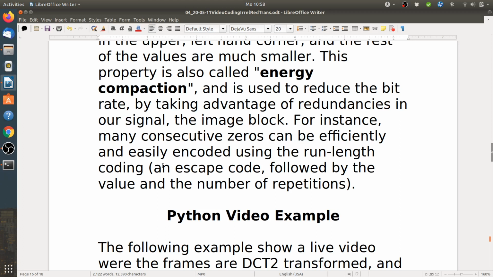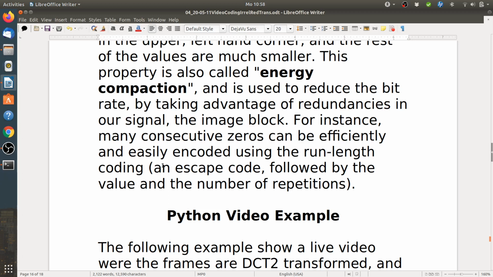Yeah, and this works because most natural images have many similarities between neighboring pixels. So usually pixels change slowly from one pixel to the next, meaning we don't have many high frequencies.